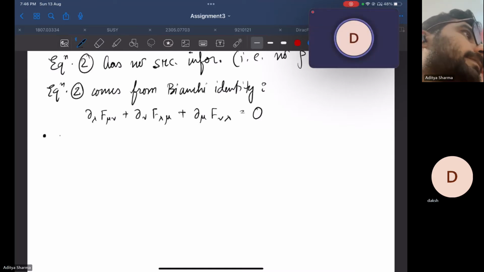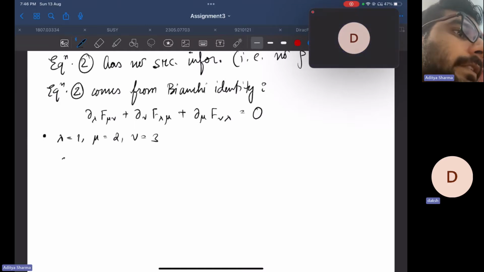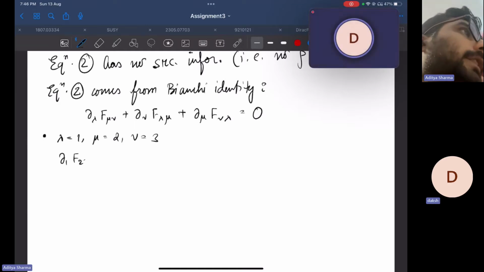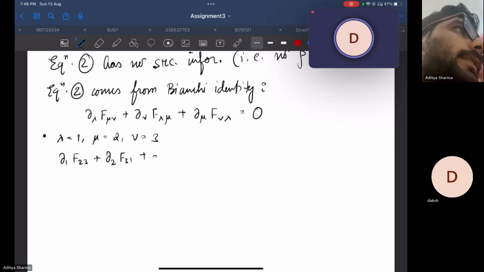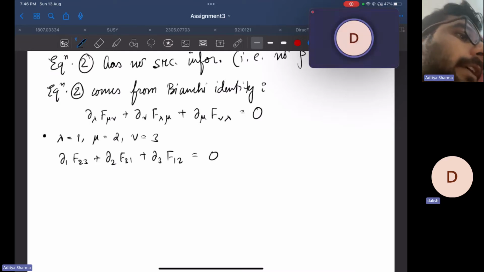So lambda equals 1, mu equals 2, nu equals 3. Then you'll get d1 f23 plus d2 f31 plus d3 f12 equals 0. Calculate along with me, okay?